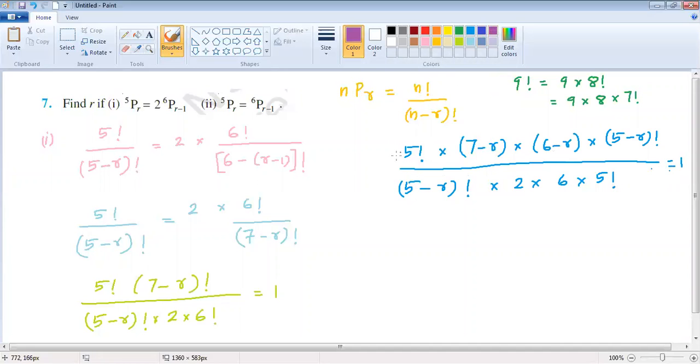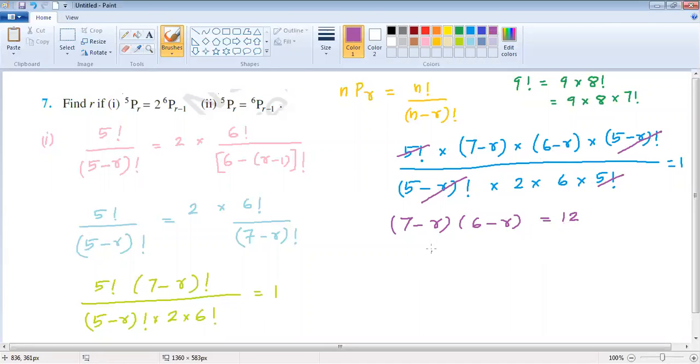So you can see that this 5 factorial cancel हो जाएगा. 5 minus r factorial, 5 minus r factorial cancel हो जाएगा. So आपको ऐसे मिलेगा 7 minus r into 6 minus r divided by 12 is equal to 1. Cross multiply करेंगे तो that is equal to 12.